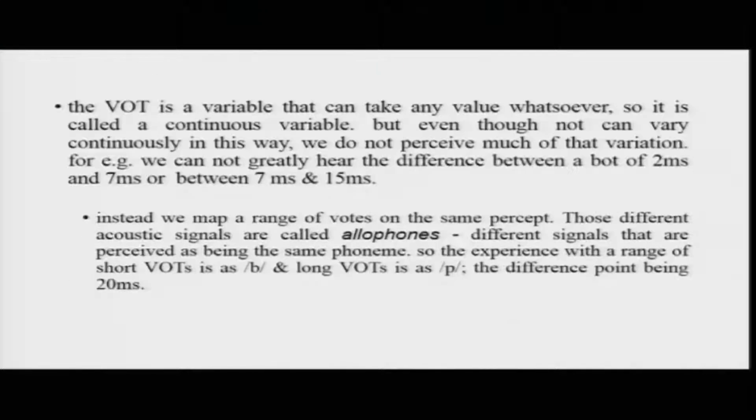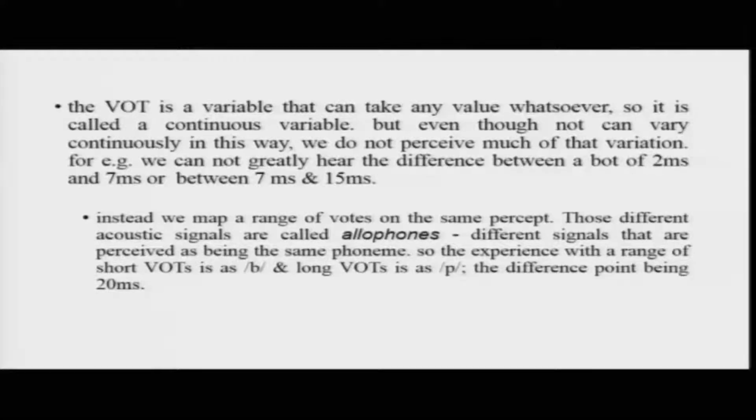This VOT is a variable that can take any value whatsoever, so it is called a continuous variable. But even though it varies continuously in this way, we do not perceive that sort of variation. There can be different voice onset delays between different speakers saying this. We cannot really hear the difference between a VOT of 2 milliseconds or 7 milliseconds, or between 7 milliseconds and 15 milliseconds.